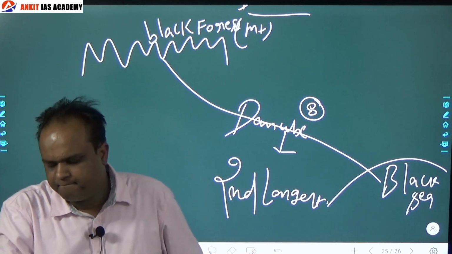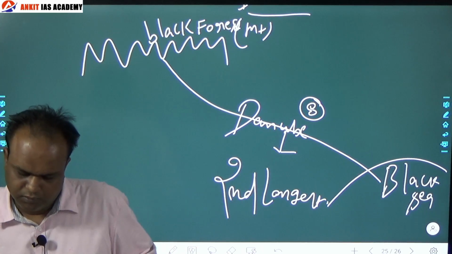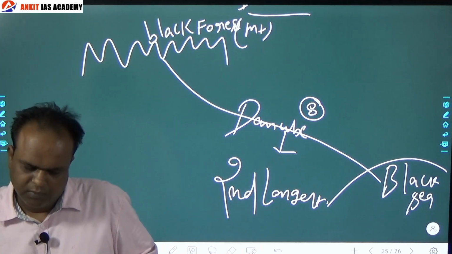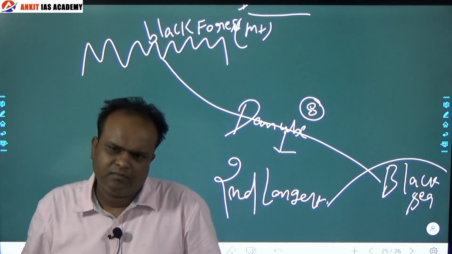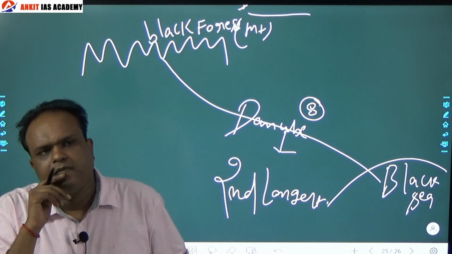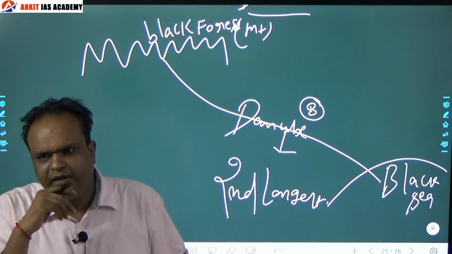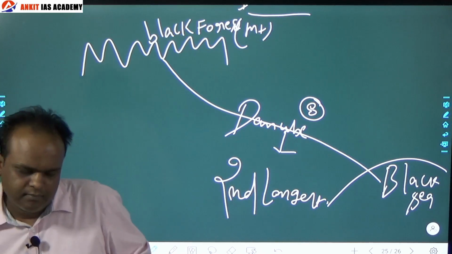Don't write Australia, it is Austria. So highlight this Black Forest mountain in Germany, Danube River, Danube Delta, and Black Sea.